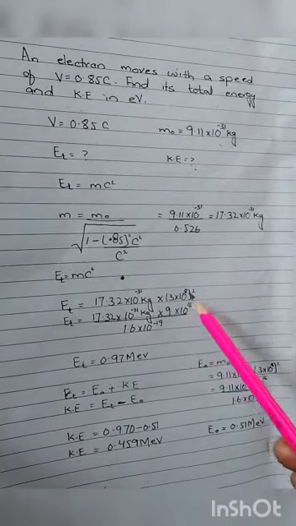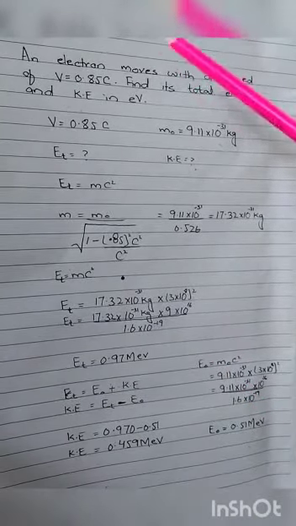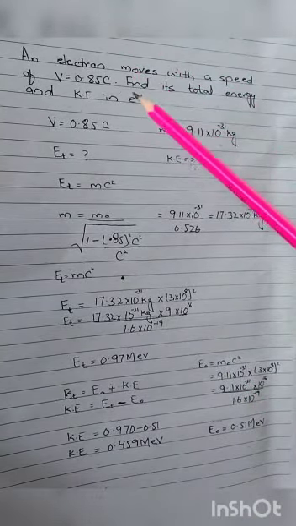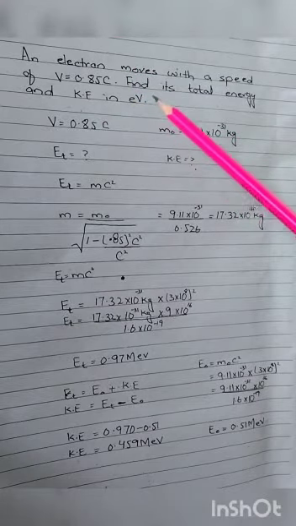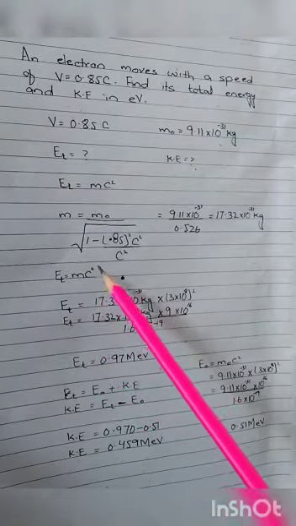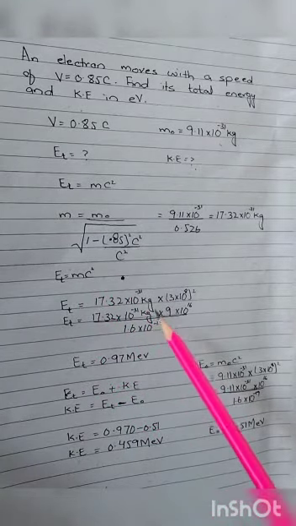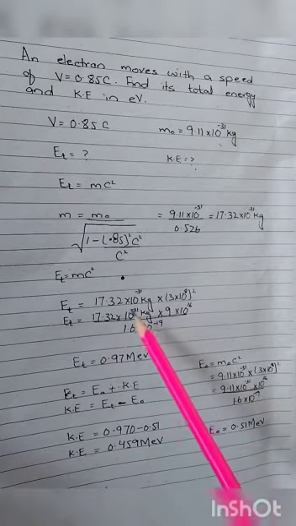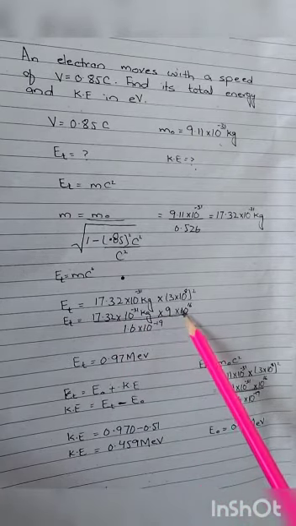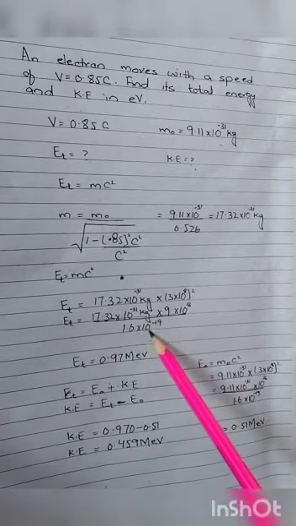When you take the square of this value, you have 9 into 10 power 16, but in your question you have been asked to find this energy in electron volt. When you solve E is equal to mc square, you get the energy in joule. So to convert your value into electron volt, you divide the value you get in joule by the charge on the electron.